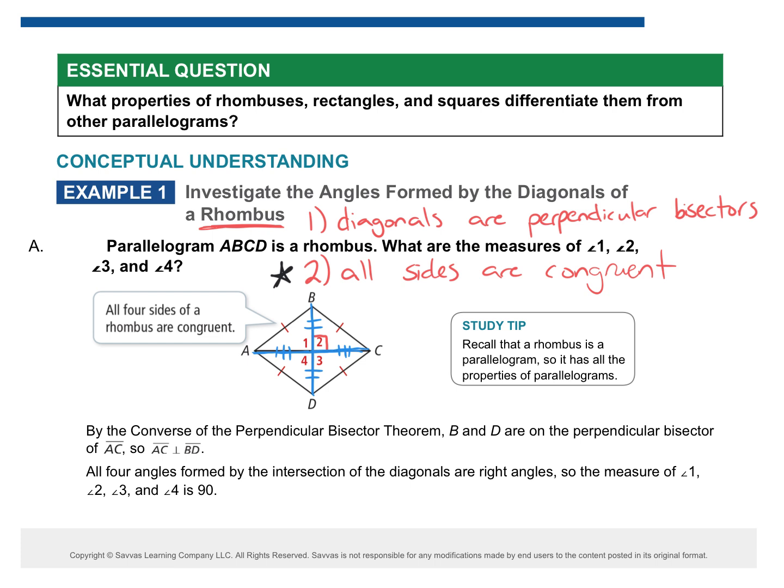So we know diagonals are perpendicular bisectors, and all sides are congruent in rhombuses. Is it still true that opposite angles are congruent? Why can we say yes? All sides are equal, and because it's still a parallelogram. Remember, all these are parallelograms. We can still assume those three things.